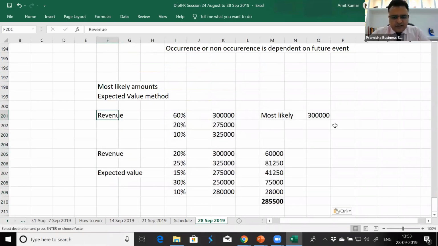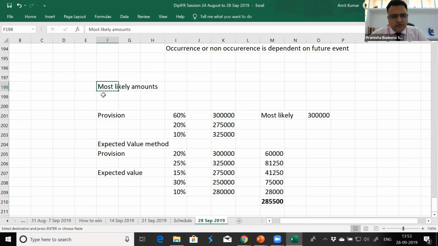How much is the expected provision I need to create? If I have a large number of probabilities, I'll be using the expected value method as a method for knowing this probability.